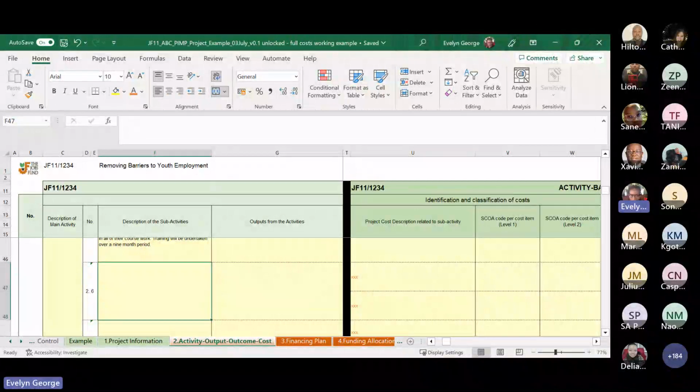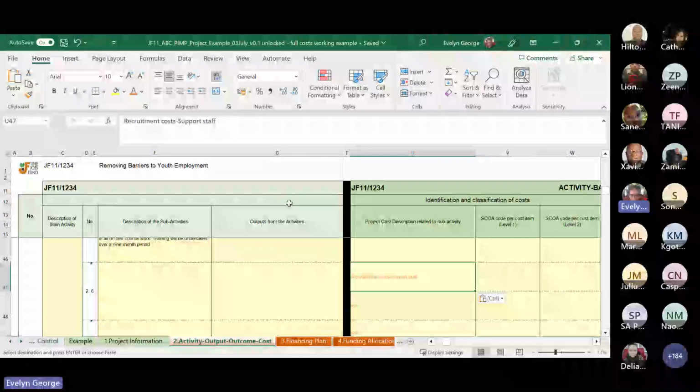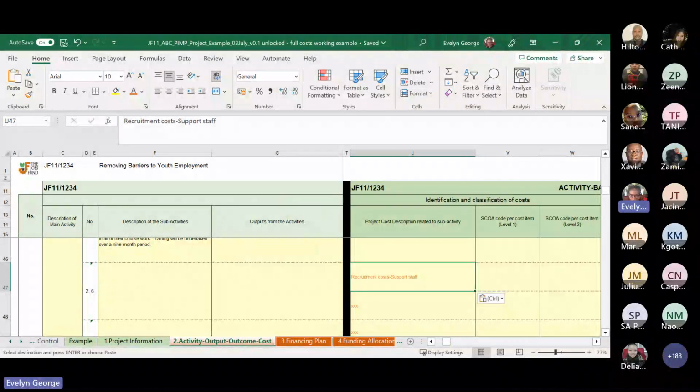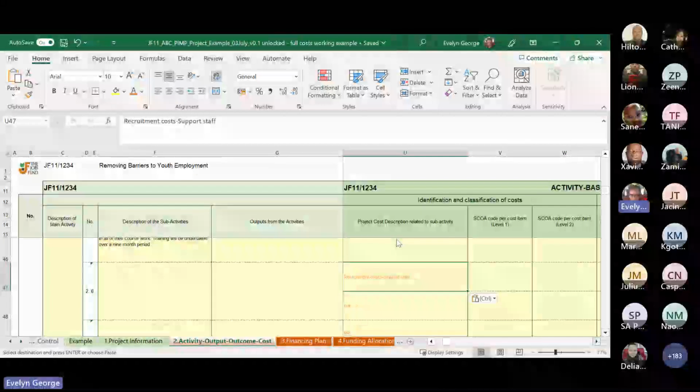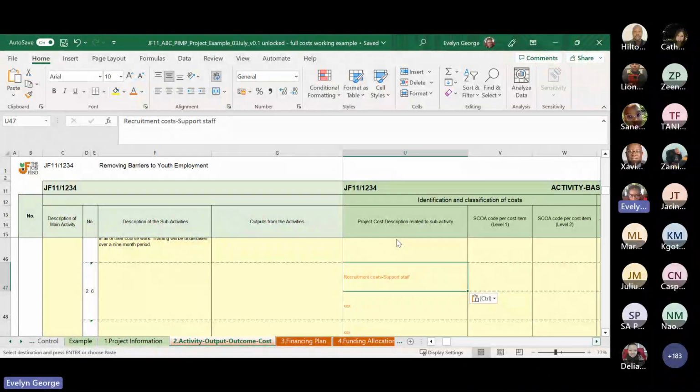So the first item is to reflect recruitment costs. We did mention that there are an additional 3 employees. And I remember there was a question around whether your new employees can be counted as new jobs created. And in Zamile's example, he showed that that was reflected as indicator 1.3.